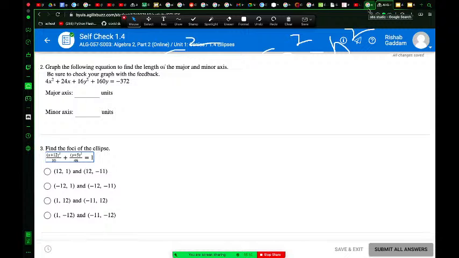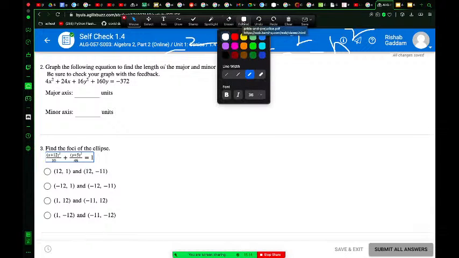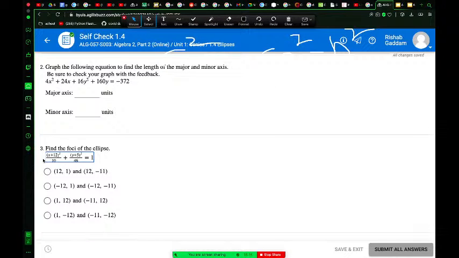Okay, so let's try to use this technique on number 3 right here. We're going to get the drawing tool, underline this, and look at it: find the foci of the ellipse.